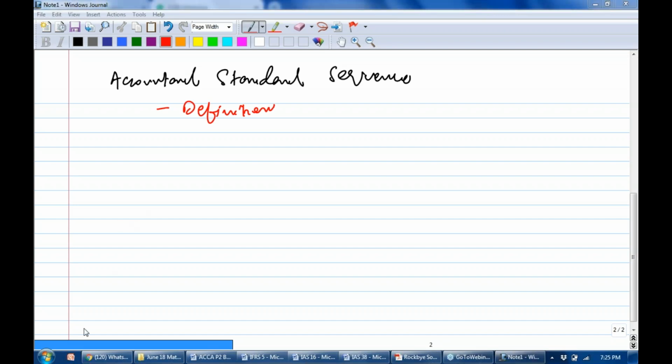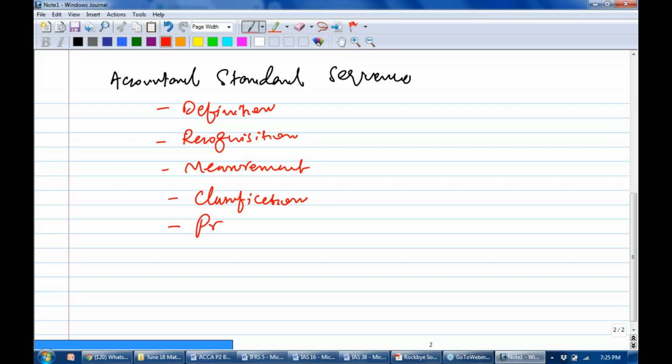Most of the time the sequence is: definition, recognition, measurement, classification, presentation, and disclosure. Most of the time any accounting standard has this sequence.